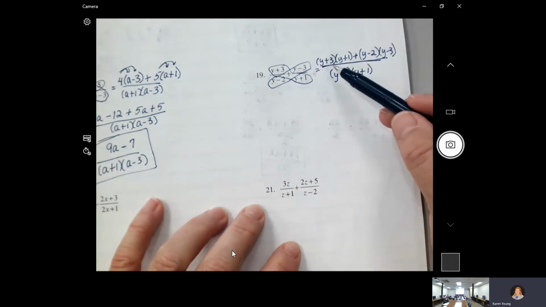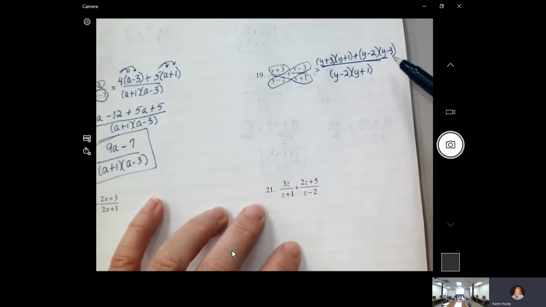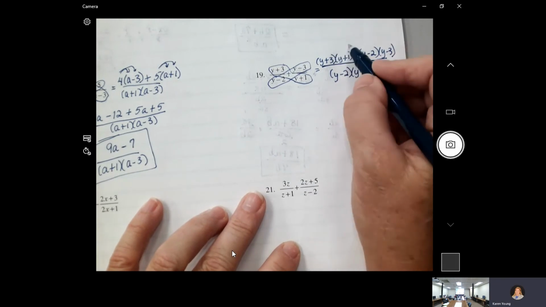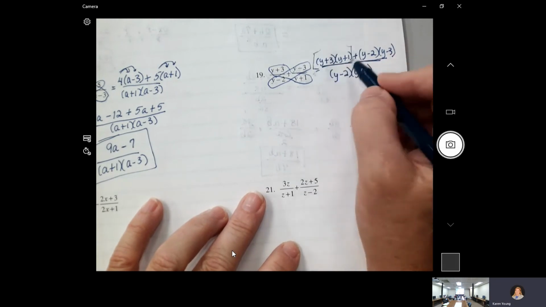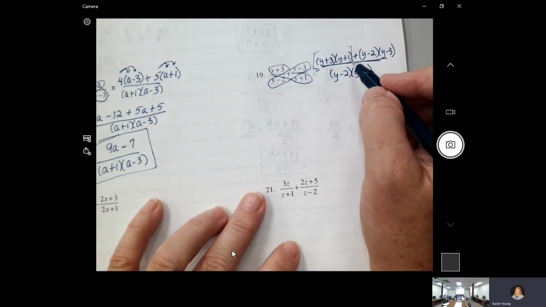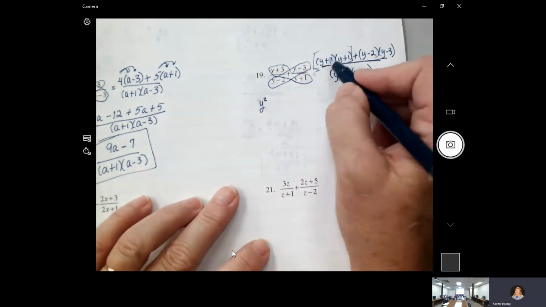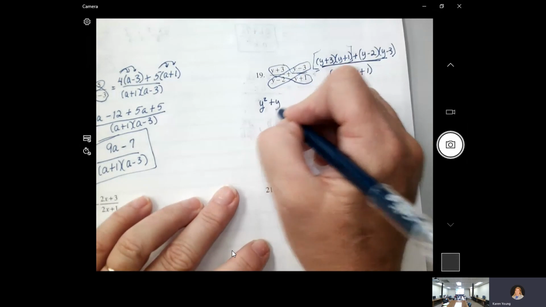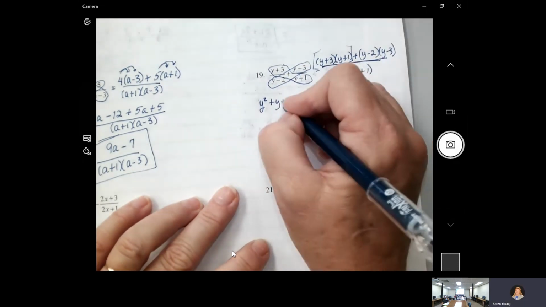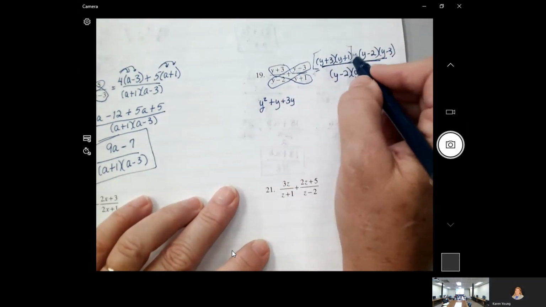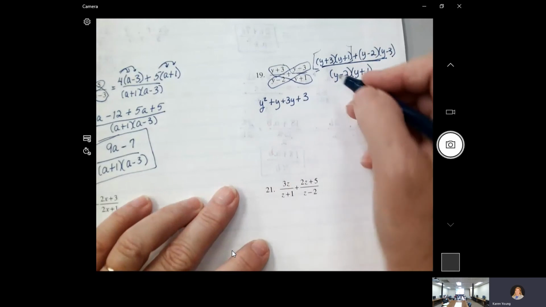The catch here is that on the top, I still have to multiply everything out and simplify it. So I'm going to FOIL the first two terms, the y plus 3 times y plus 1. I'm going to have y squared plus y, 3y plus 3.